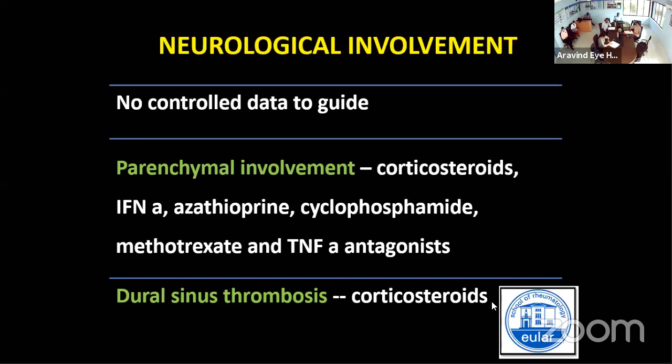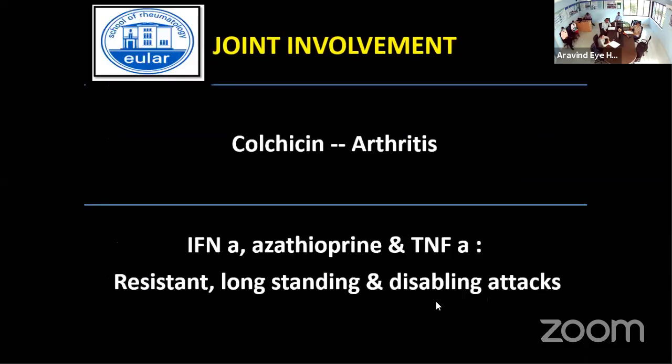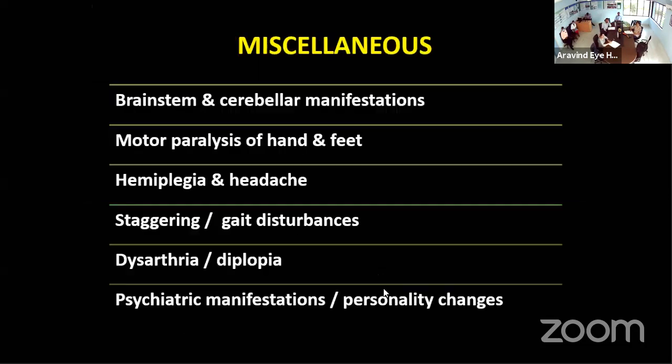There is no data to exactly guide the treatment, but parenchymal involvement needs corticosteroids, interferons, azathioprine, cyclophosphamide, and other drugs. Neural sinus thrombosis needs acute treatment with IV corticosteroids, right? Whenever there is joint involvement, arthritis, colchicine is going to really help. The other drugs are going to prevent the long-standing disabling attacks, right?